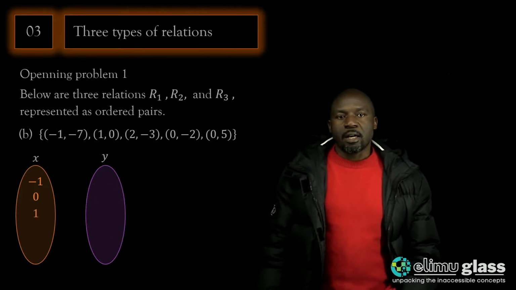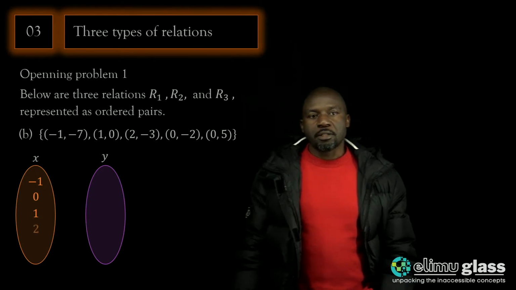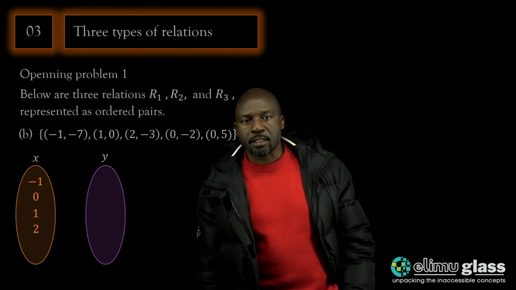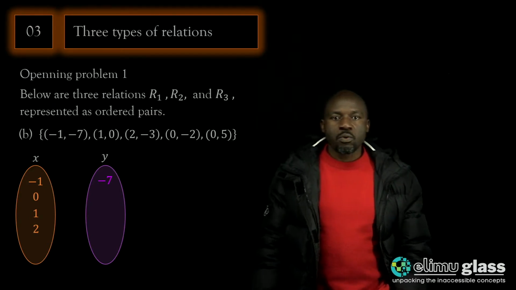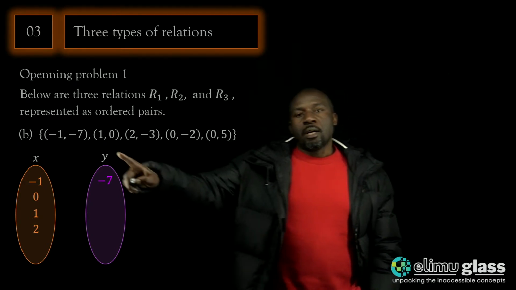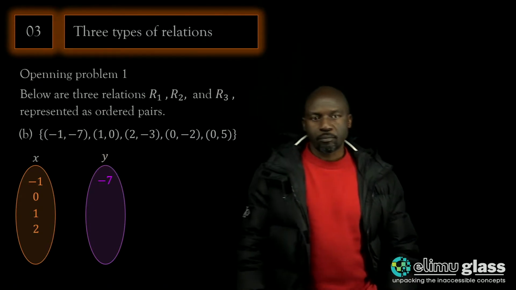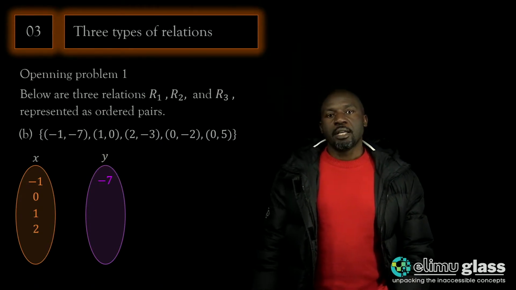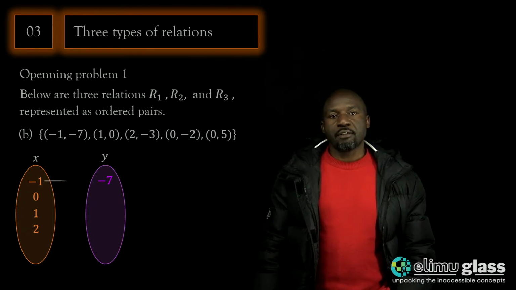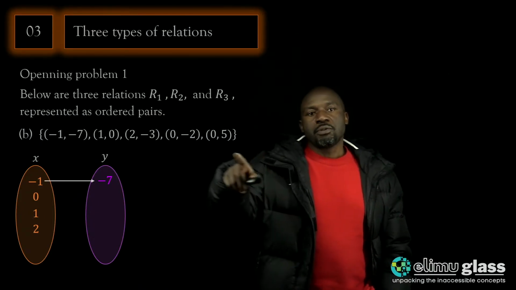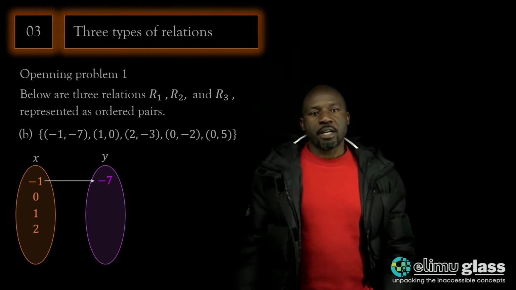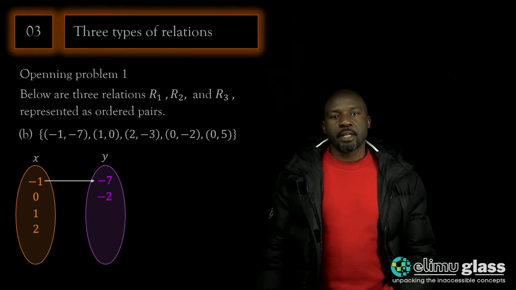Then there is a 1, there is a 2. I think that's it. Is there something bigger? No. And so the output or the range: -1 is to -7, so we can join those. If we go to 0, 0 is to -2.